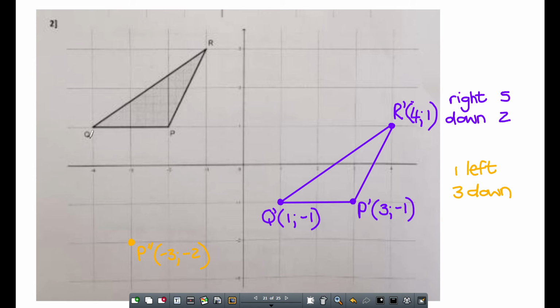Okay, Q. Oh, we haven't got space here. One left and three down. 1, 2, 3. So new Q. Minus 5 and still minus 2. And then R, one left and three down. 1, 2, 3. So that's going to be there.